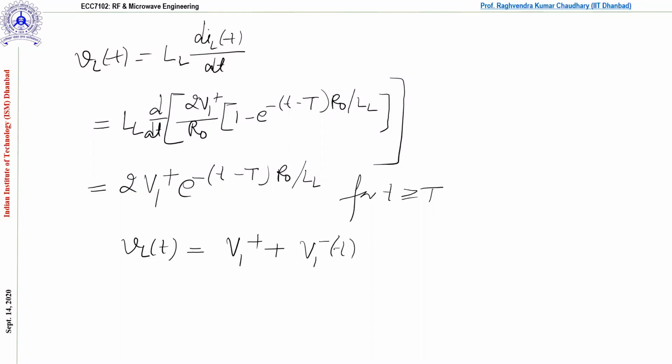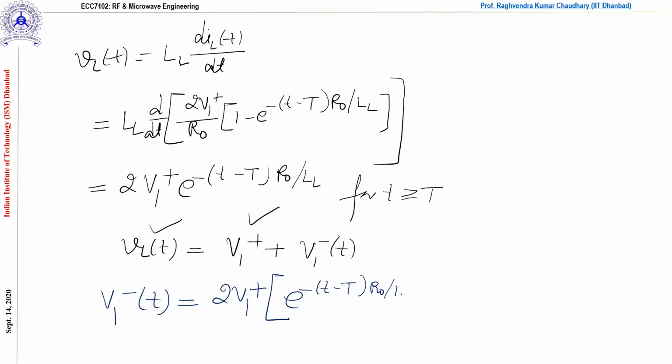We already have the expression for VL and V1 plus, so it is quite easy to write V1 minus as a function of time, and this would be 2V1 plus e to the power minus (t minus capital T) R naught over LL, half. And this travels in the minus z direction. This is the reflected wave.